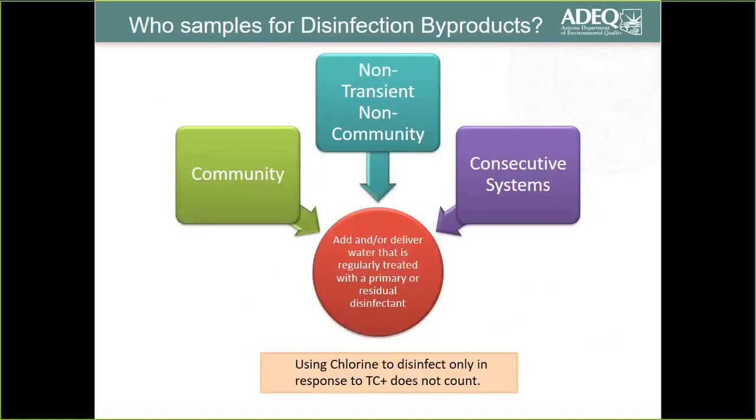So if you're a consecutive system and the system you're buying water from chlorinates, then regularly treats its water with primary or residual disinfectant, then you'll be required to sample for DBPs. Disinfecting only in response to a total coliform hit does not count, so you don't have to sample for DBPs if you're only chlorinating in response to a total coliform sample as opposed to regularly.